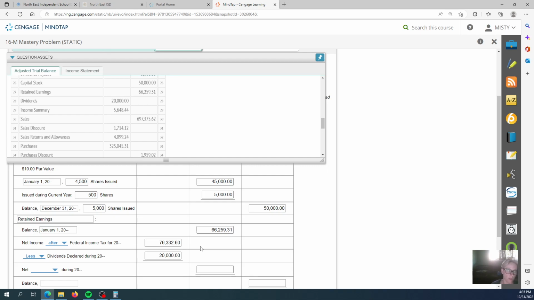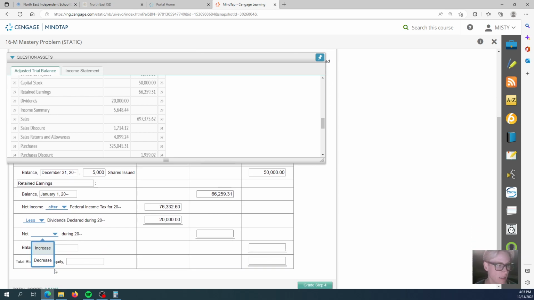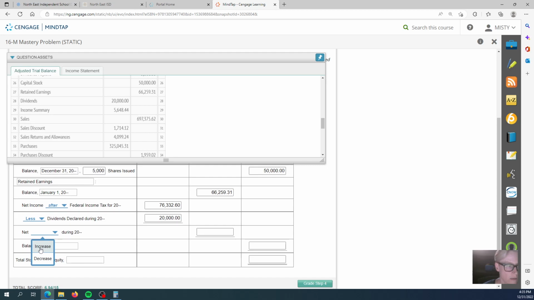Okay, we're going to subtract the 20,000. So this is going to be net. Is it a net increase or a net decrease? It's going to be a net increase. There we go. Okay, net increase during 2022.